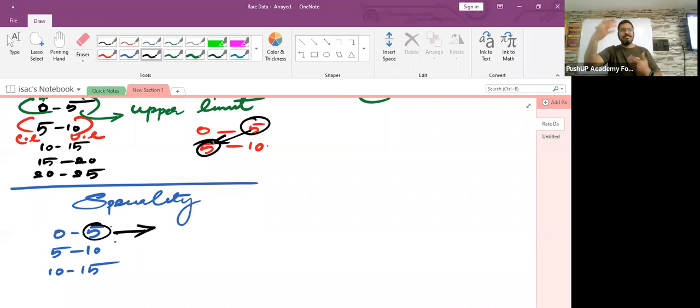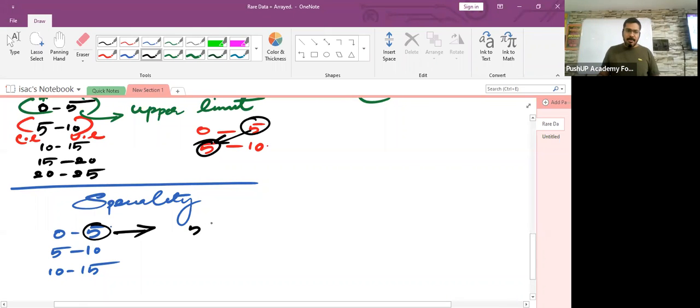Now I'm gradually coming to that question which I asked you initially. You will get some hint why I said your answer was wrong. What did I say over here? 0 to 5. The upper limit is 5. But the upper limit number will never be considered for counting. So here the number 5 will not be counted. For the second class interval 5 to 10, what is the upper limit? 10.